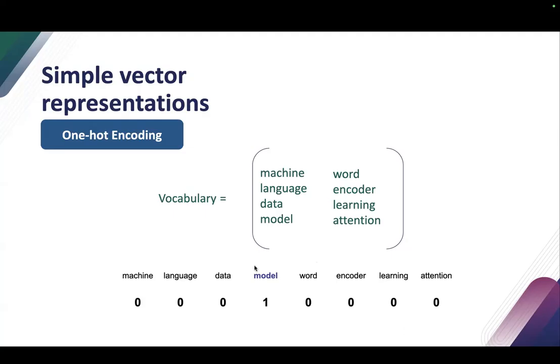So if you have the word model, you would have 0, 0, 0, 1, and then the rest would be 0. So, okay, that's a very easy way to represent words.